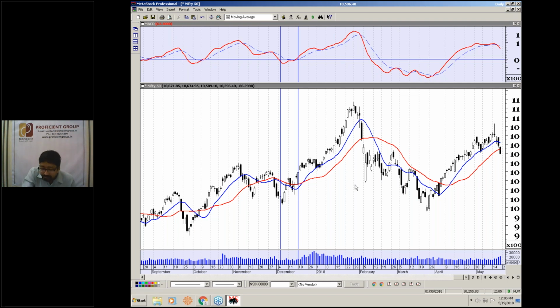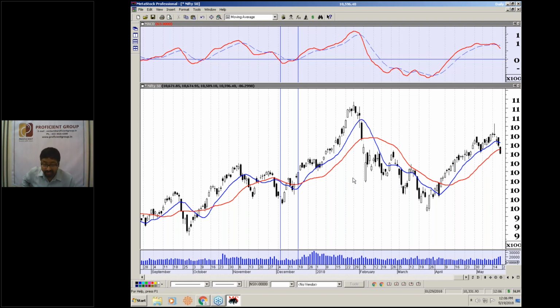So I'm reiterating my statement that MACD crossing the zero line is also a very strong signal, and MACD buy signals tend to be stronger than the MACD sell signals, and you have to use these MACD signals in conjunction or in combination with certain moving averages.